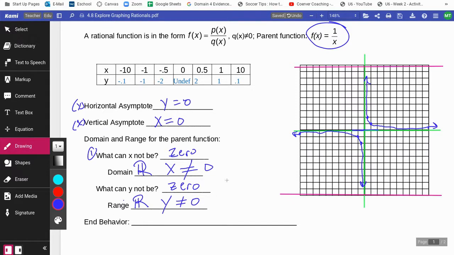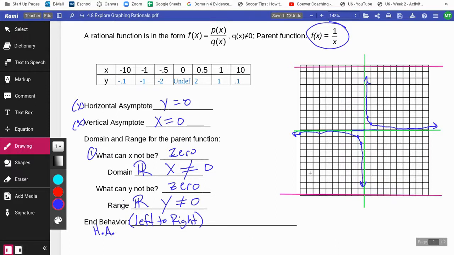Okay, and then the only other thing we talk about is end behavior. If you see that it says end behavior, we're just looking at left to right. Okay, so basically the end behavior is going to tell us the horizontal asymptote, the HA is what we call it.